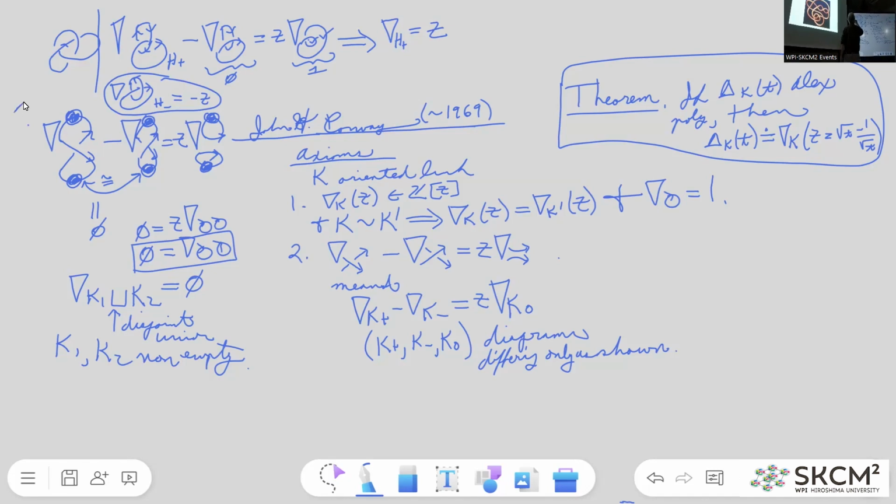The direct mirror image will look like this. And they aren't really the same as reversing one of the crossing directions. Try that for yourself. I'm leaving this one, but the orientation's the same. And so this is H plus star. But H plus star is equivalent to H minus.